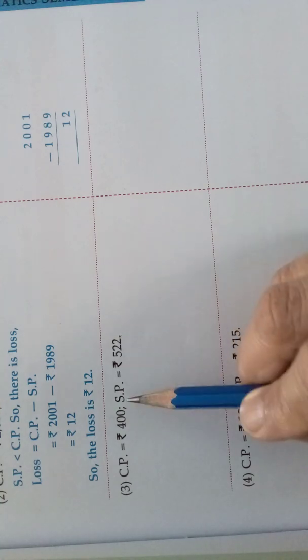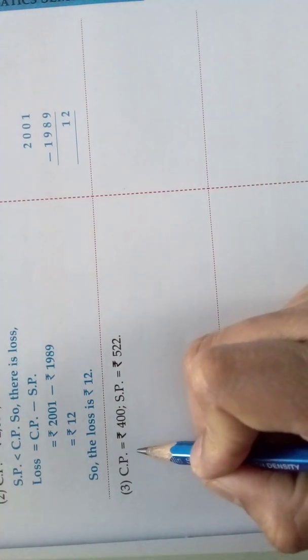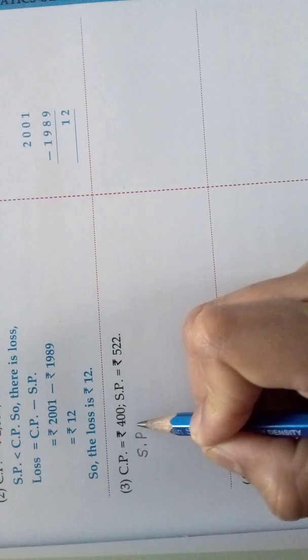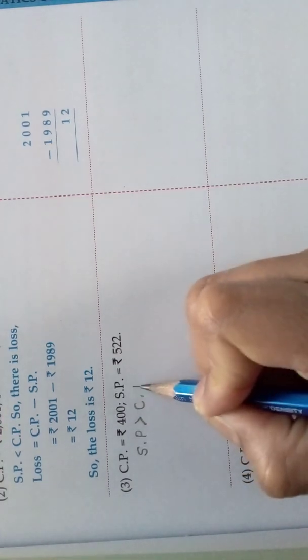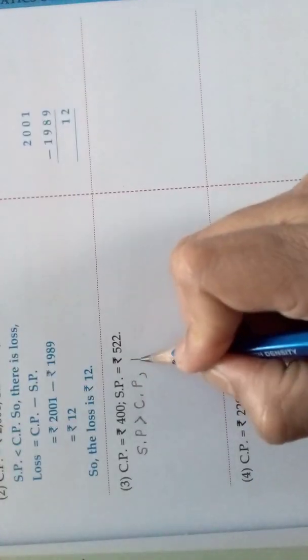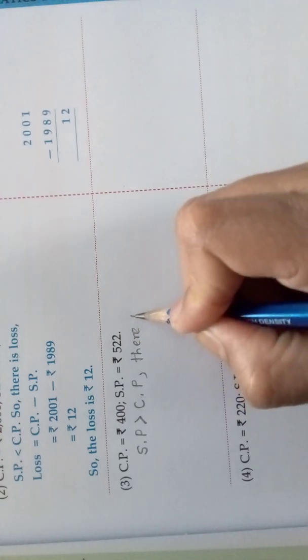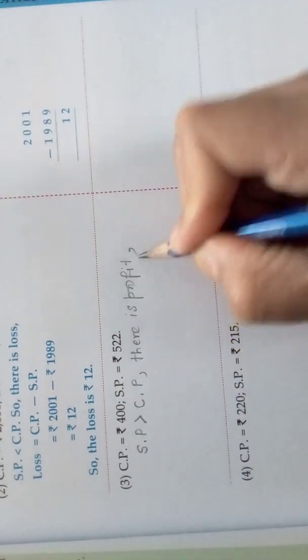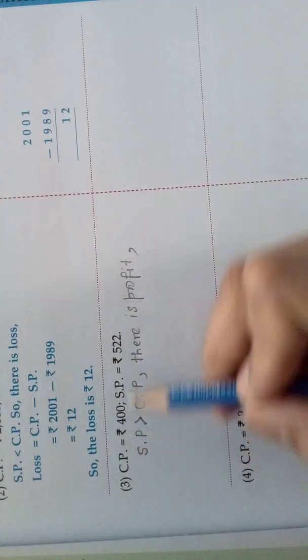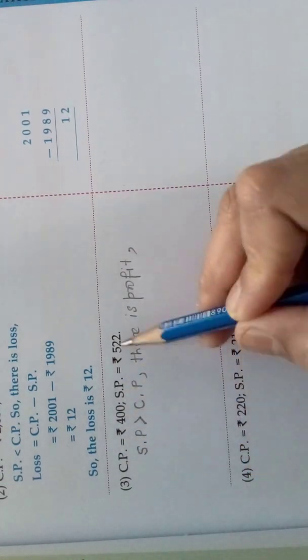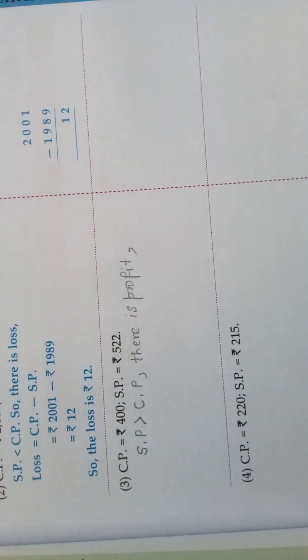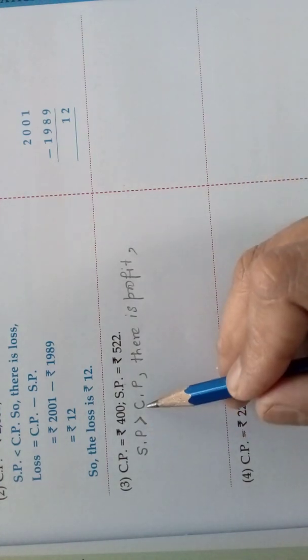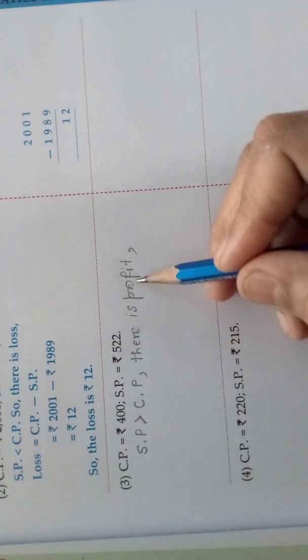Since selling price is greater than cost price, there is a profit. Okay, understood, children? Cost price is the purchasing price, selling price is the selling price. So, selling price is greater than cost price, there is a profit.